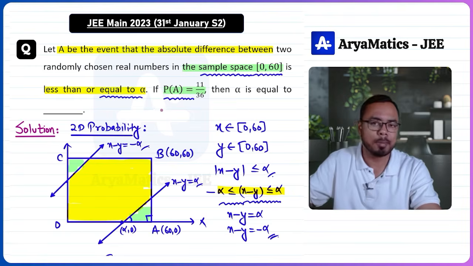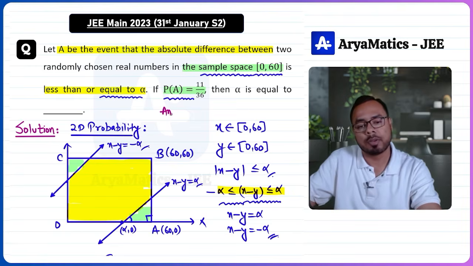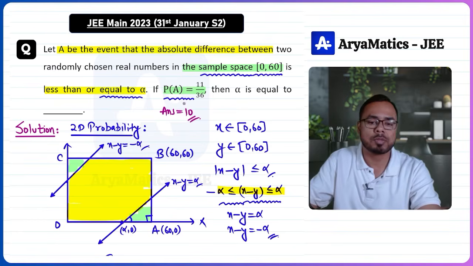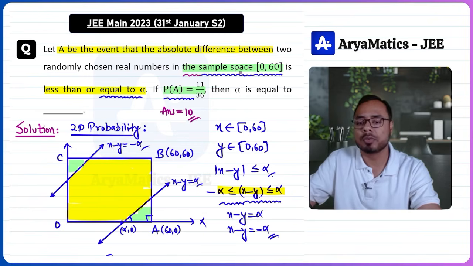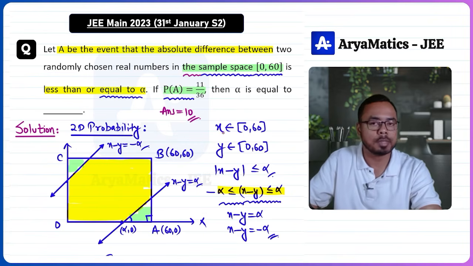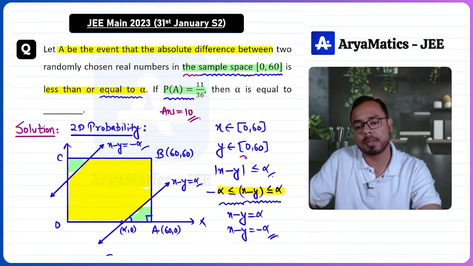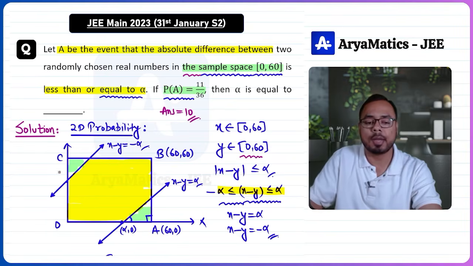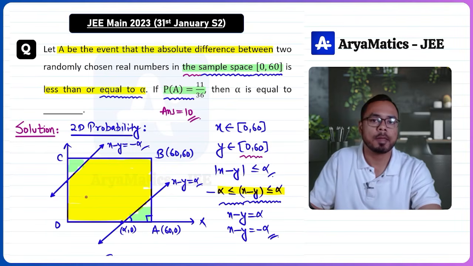In JEE Main, generally you will not find problems on 2D or 3D probability, but this was one problem from 2D probability, because x and y can take all the values from 0 to 60, right? So x is a number from 0 to 60, y is a number from 0 to 60. So any point inside this square is a point in the sample space, right?